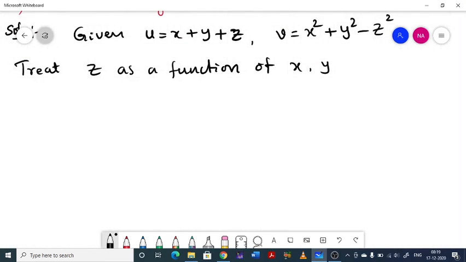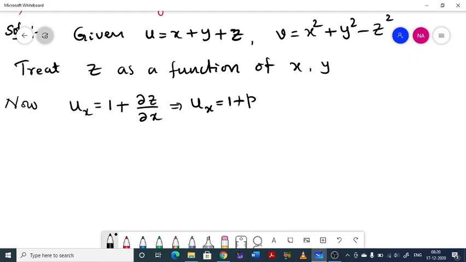Now ux equal to, differentiating u with respect to x partially, 1 plus, z, if you differentiate, you get dou z by dou x. That implies ux equal to 1 plus p, the notation we have taken for dou z by dou x.